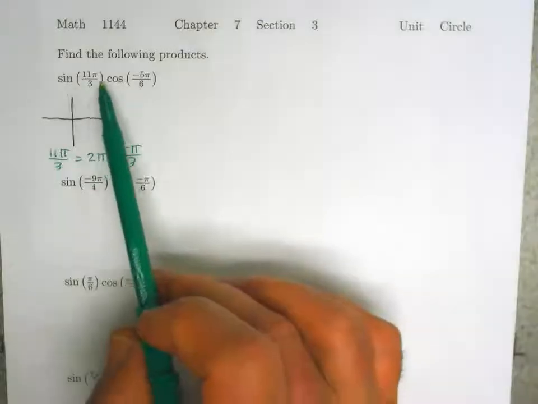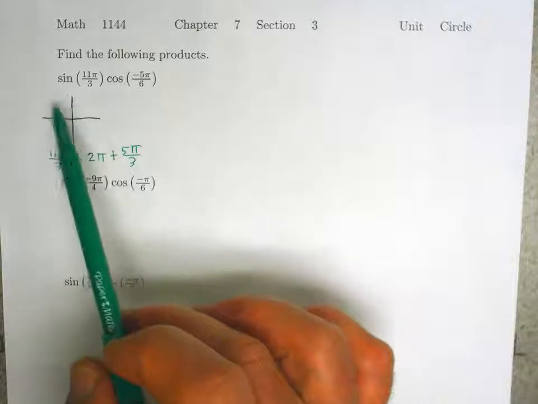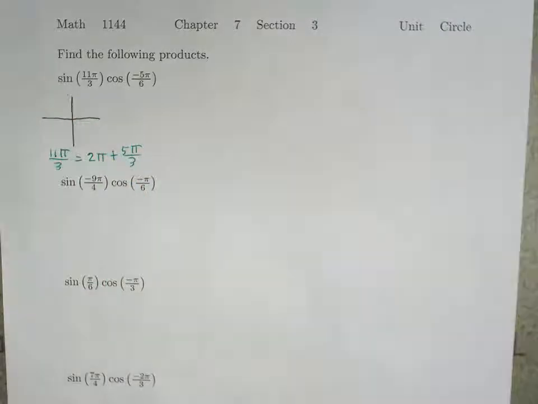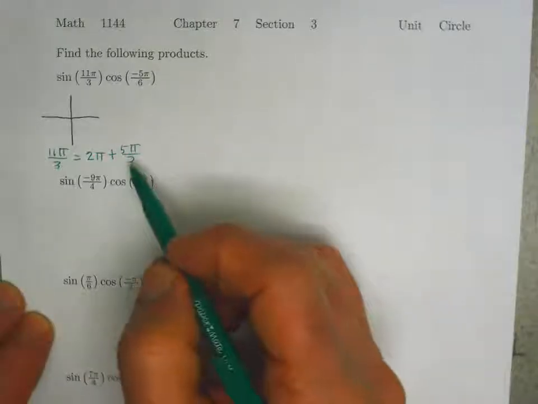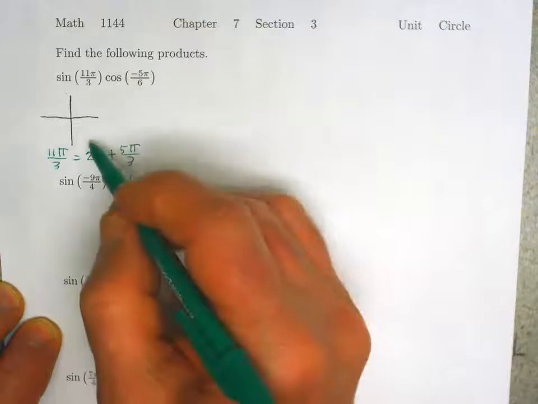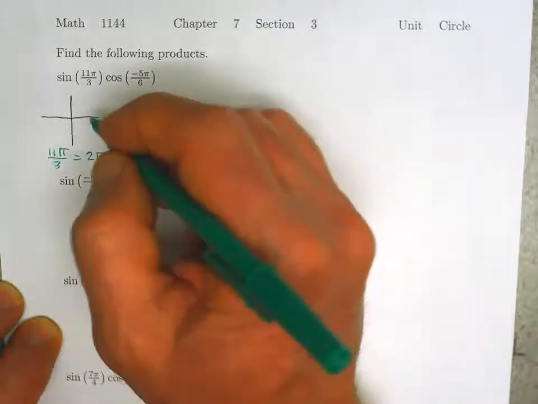So this angle has 1 complete revolution plus 5 pi over 3 after that. And 5 pi over 3 is in the fourth quadrant. So 11 pi over 3 is in the fourth quadrant.